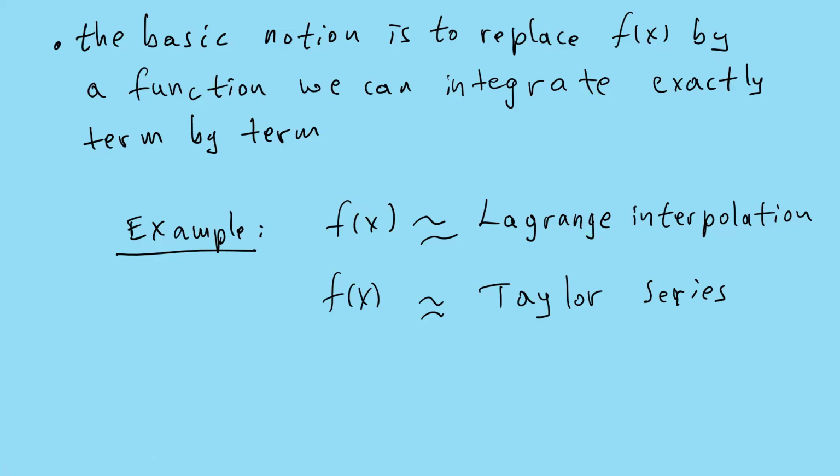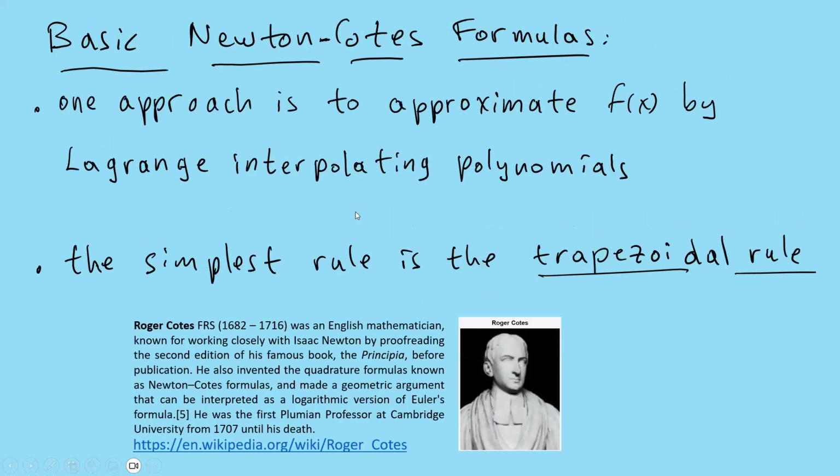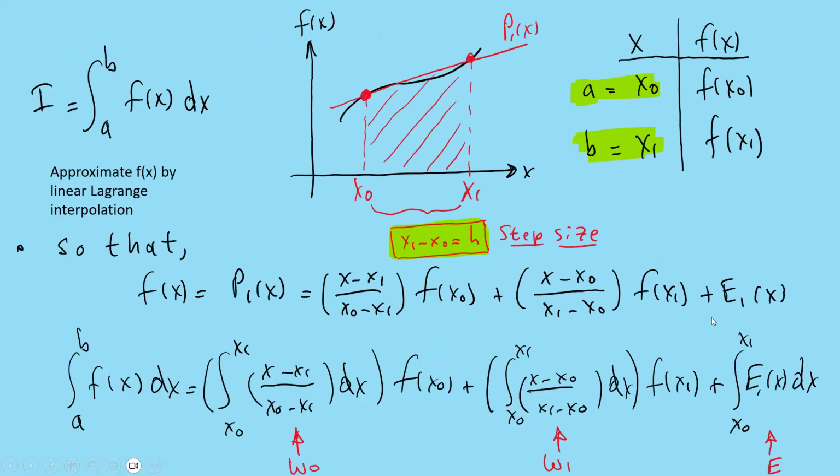First, we see the trapezoid method. One approach is to approximate our function by Lagrange interpolation polynomials, and the simplest rule is the trapezoidal rule.